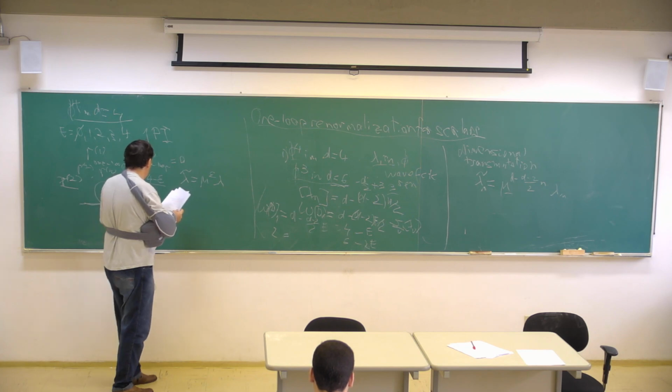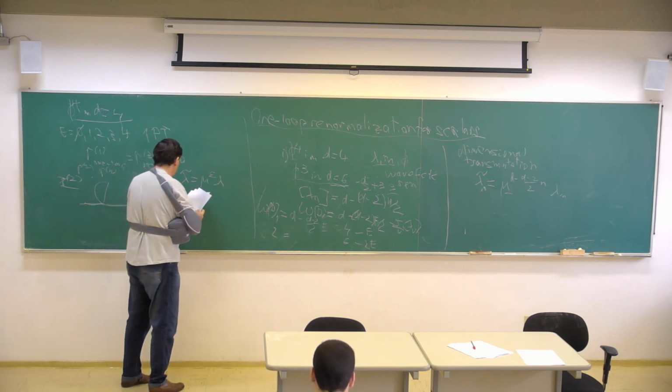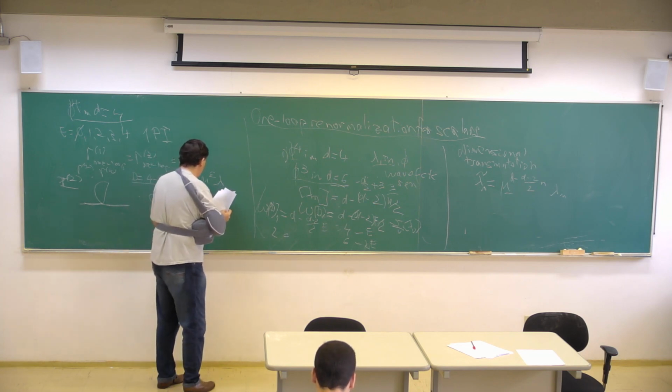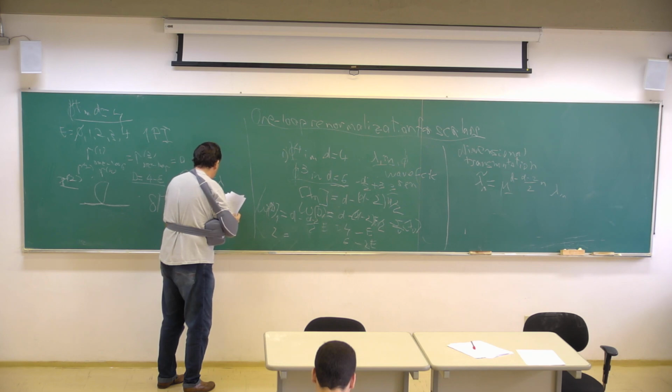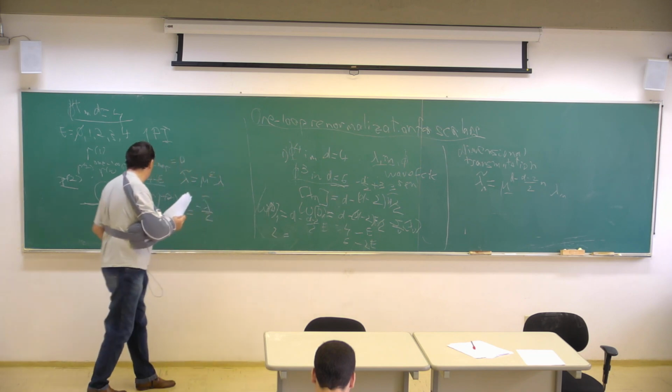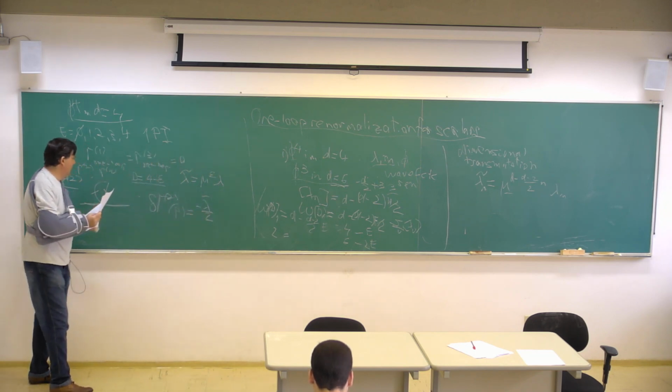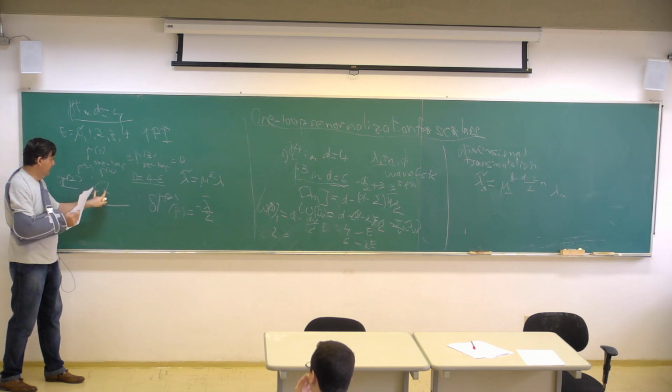So then I would write that delta gamma 2 of P is equal to minus lambda tilde over 2, because remember this has a symmetry factor of 2.